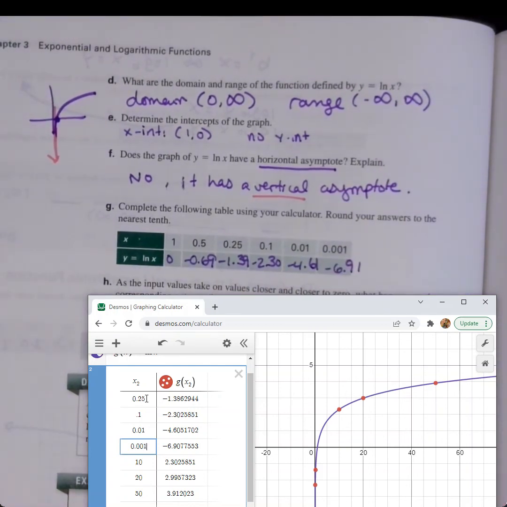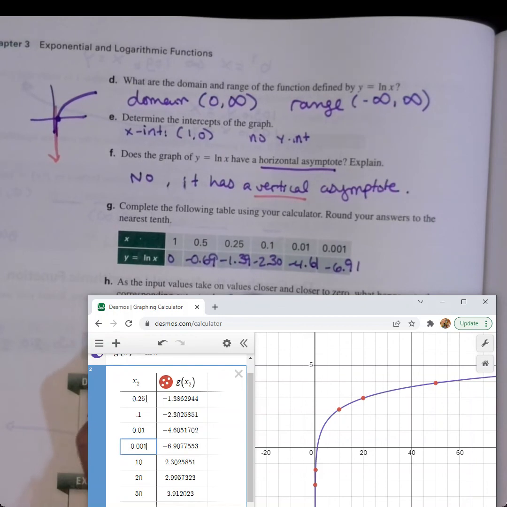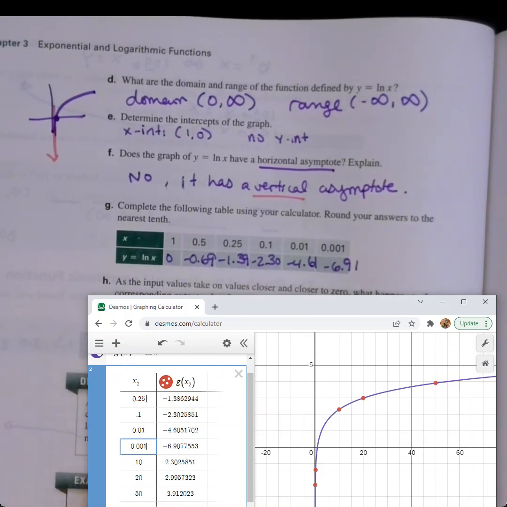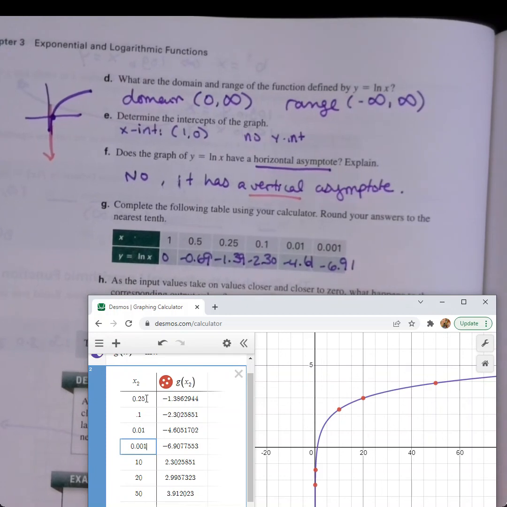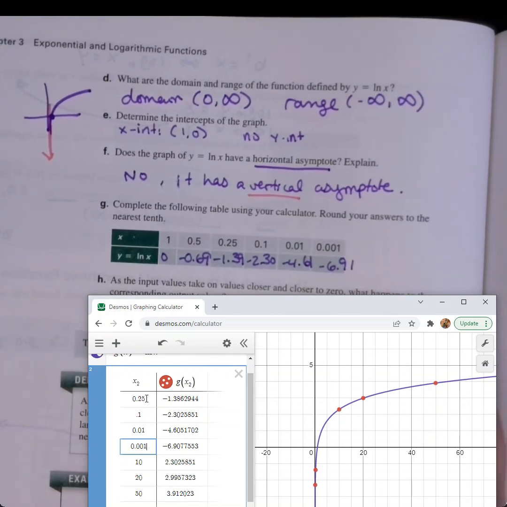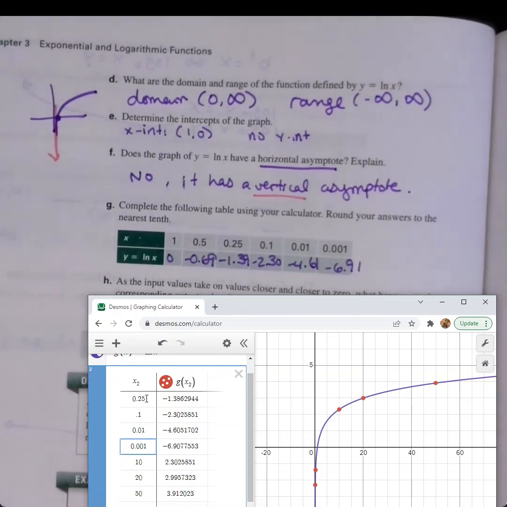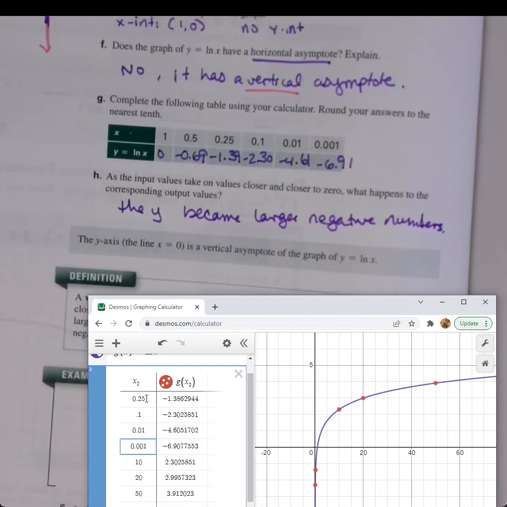As the inputs take on values closer to 0, what happens to the corresponding outputs? They become larger negative.